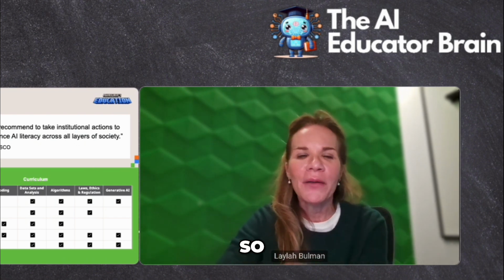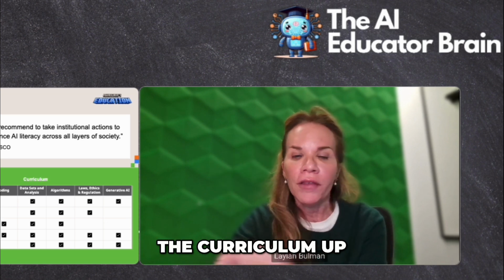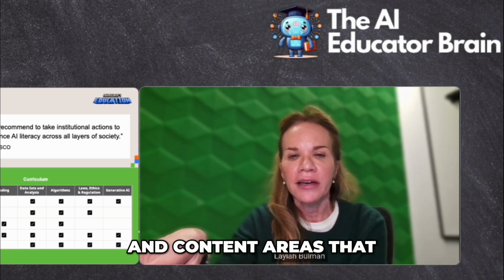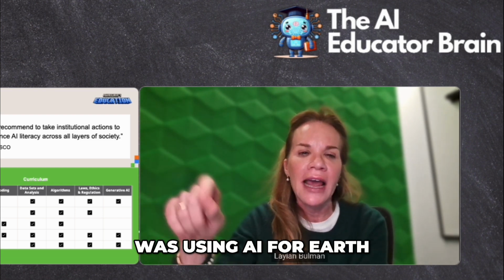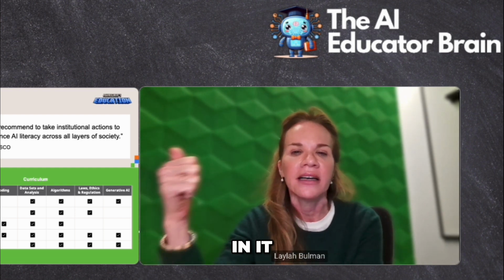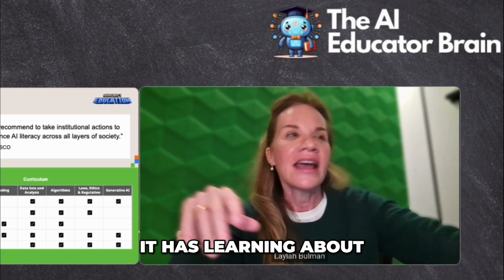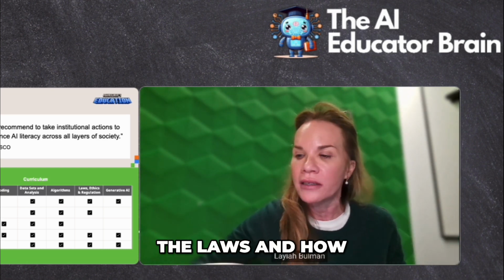I'm sorry. So as you can see here, I have all of the curriculum up and the different skills and content areas that our games connect. That teacher was using AI for Earth, which is 5 different worlds. It has data and analysis, algorithmic thinking, and learning about the ethics of AI, the laws, and how to regulate.